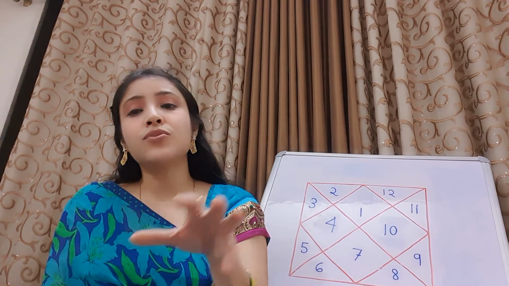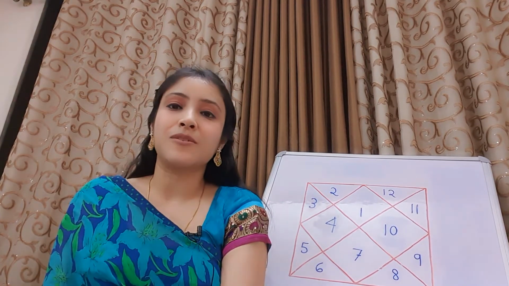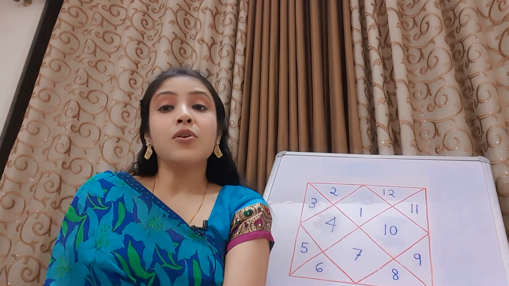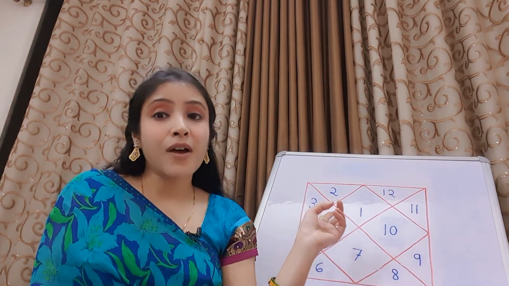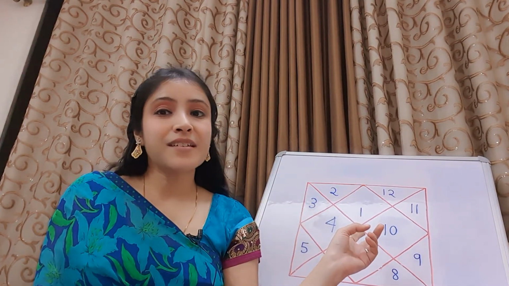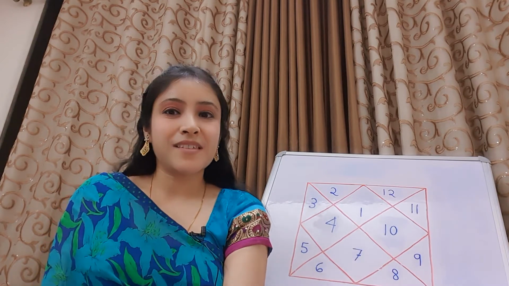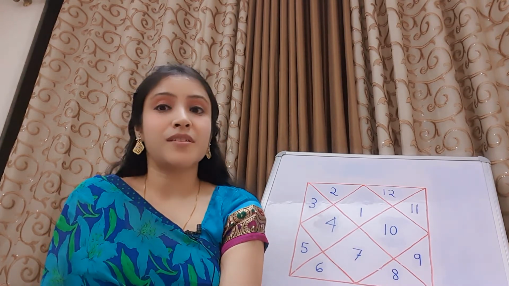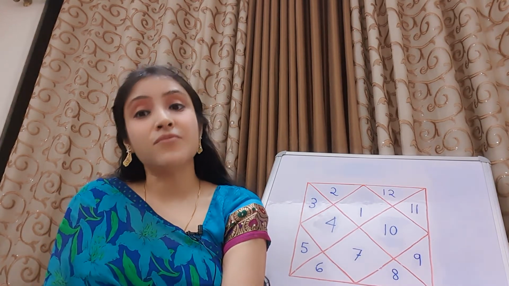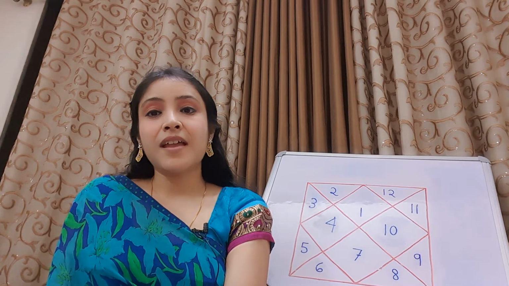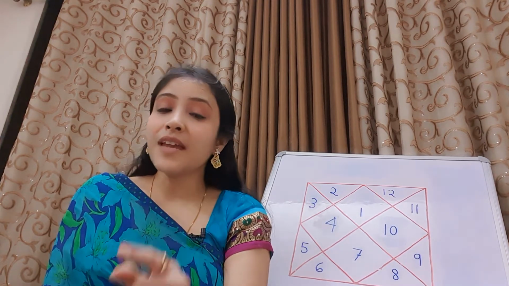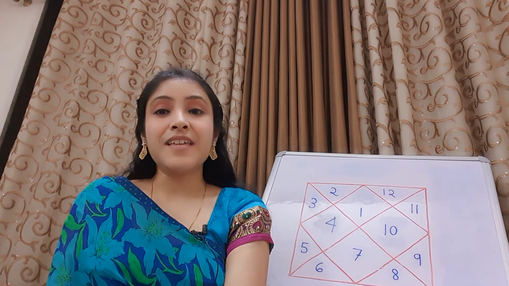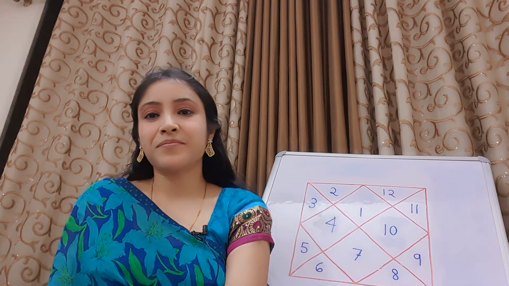I will only take into consideration the primary significations. Now, the Lord of the second house in the Kalpurush Kundli is Venus, because it is the sign of Taurus, which is ruled by Venus. And the significator of the second house is the planet Jupiter.